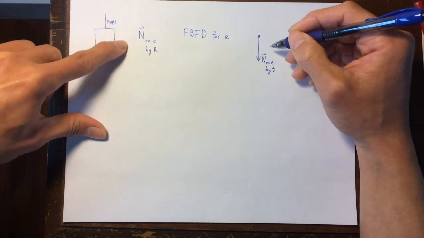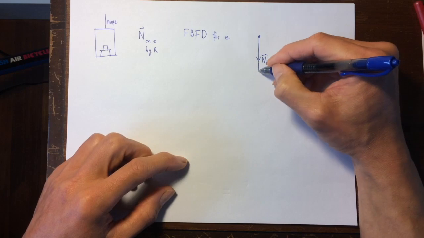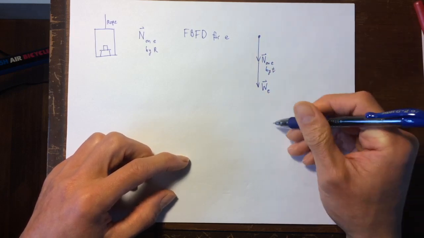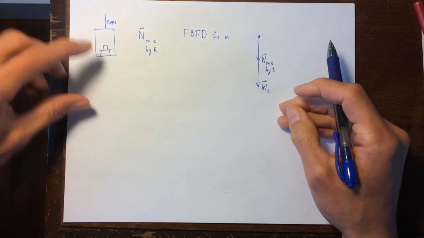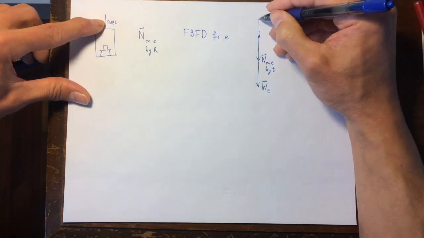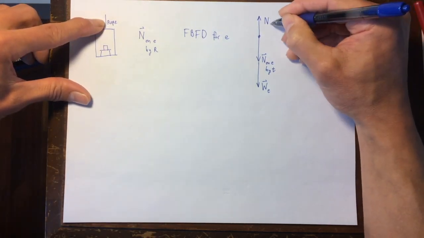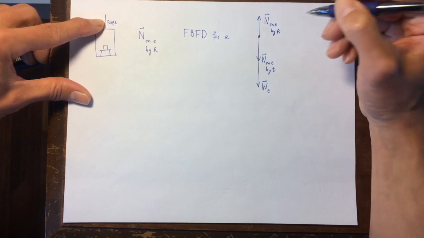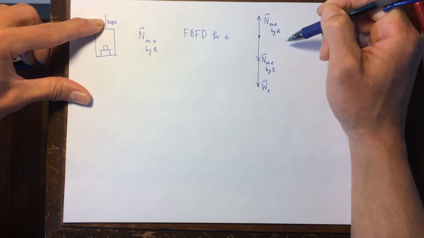The elevator also has a weight, right? That's the weight force on the elevator. And then there is the normal force upwards on the elevator by the rope. And this is your goal right here.